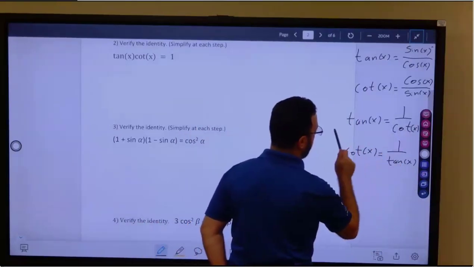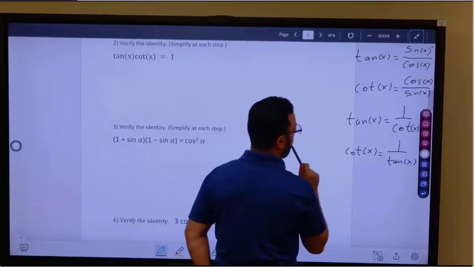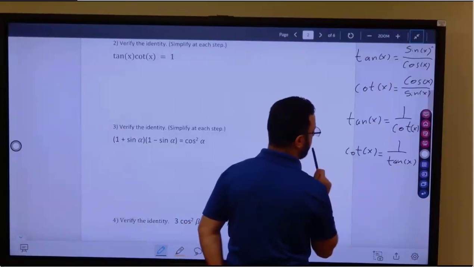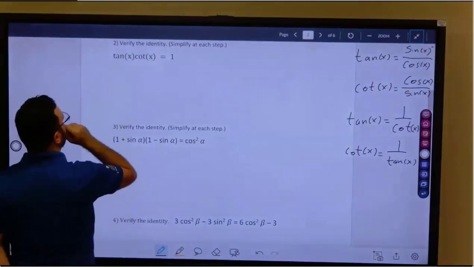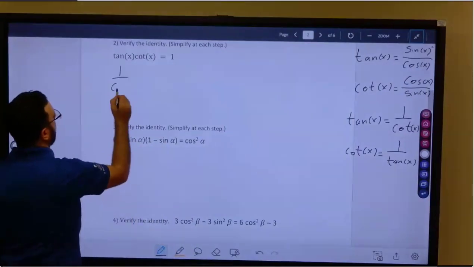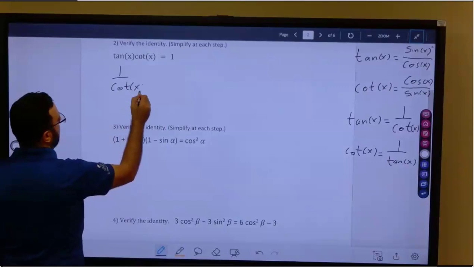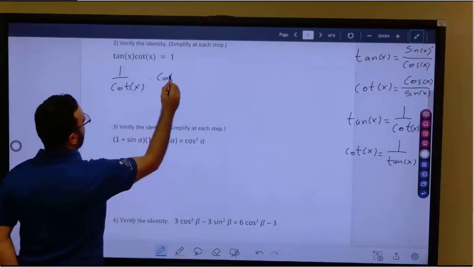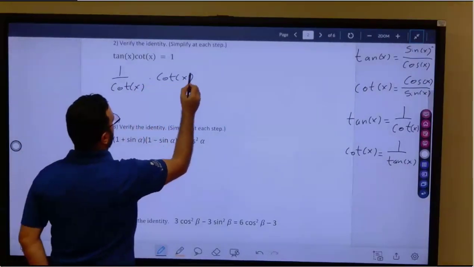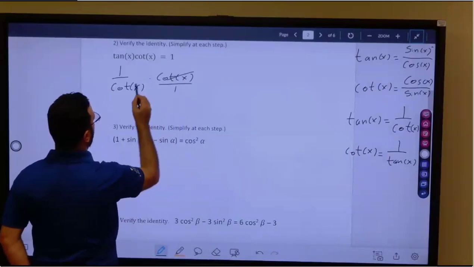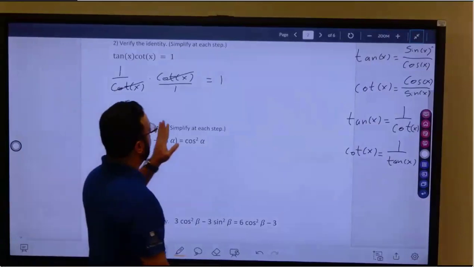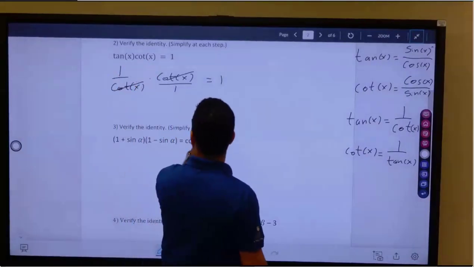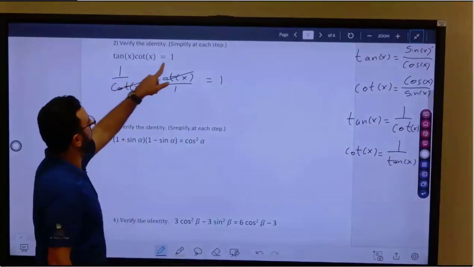Tangent times cotangent equals 1, and cotangent times tangent equals 1. And that's what we have here. If you say the tangent equals 1 over cotangent x times cotangent x, this is over 1. Cancel this one with this one, so the result is going to be 1. So every time you have tangent times cotangent, the result is going to be 1.